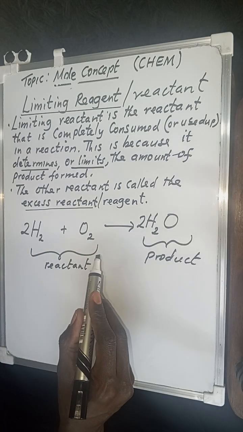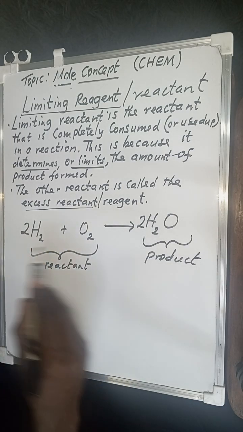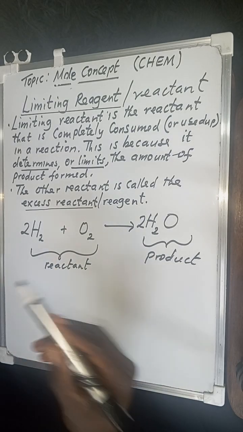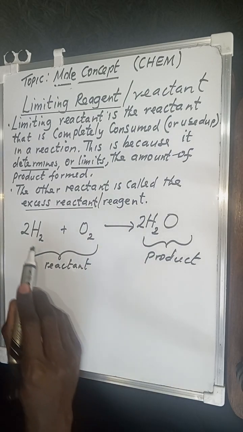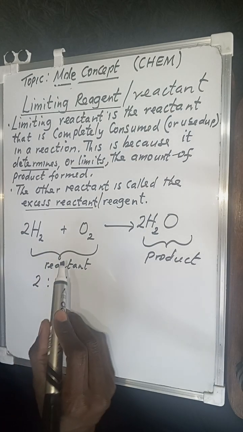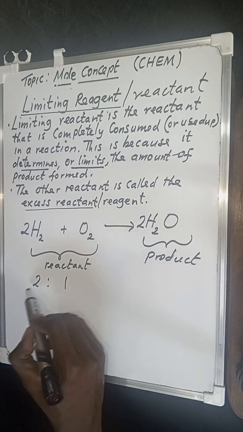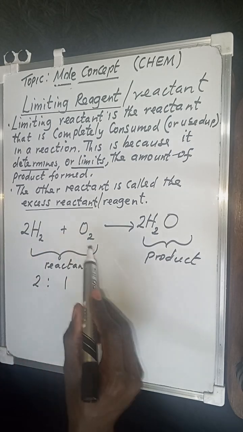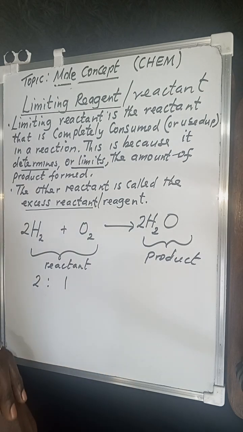You can use the mole ratio to determine which one is the limiting reagent from what you have been given. If the mole ratio is 2 to 1, remember, you can go further and highlight which one specifically between the two is the limiting reagent.